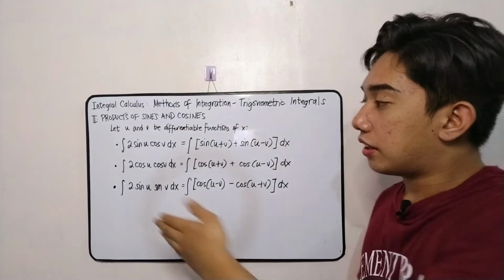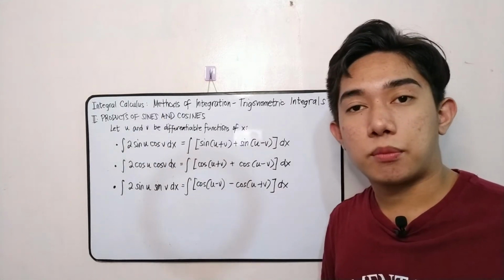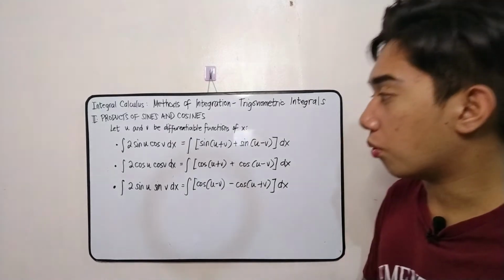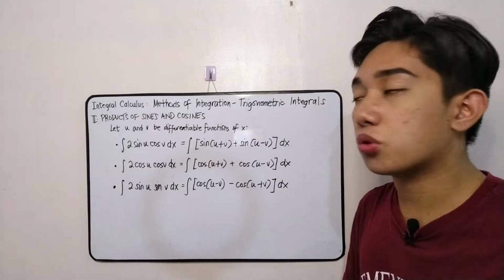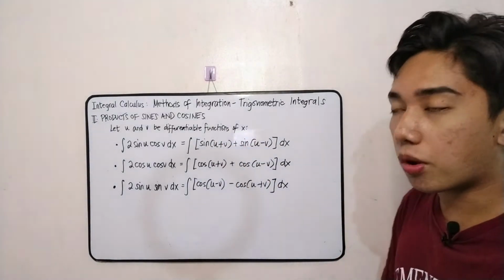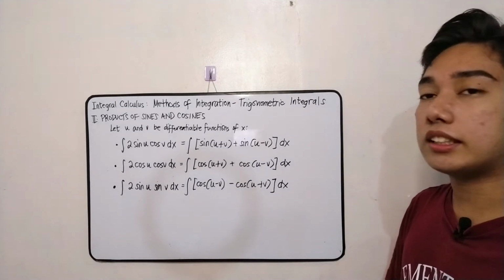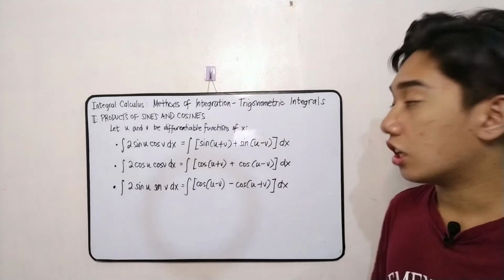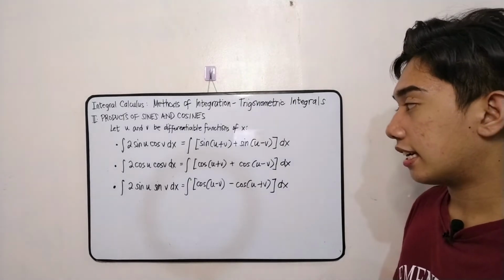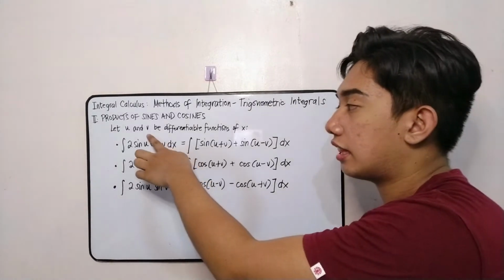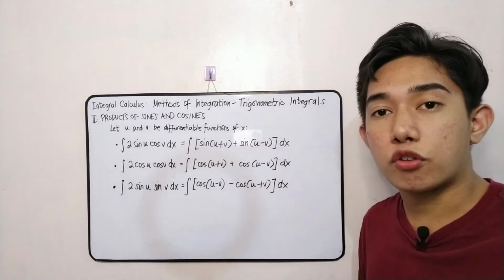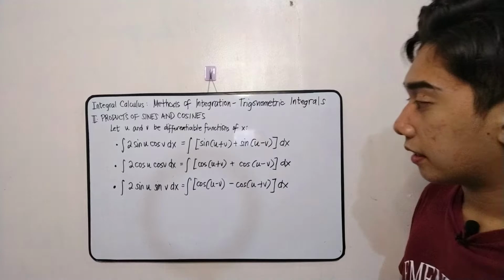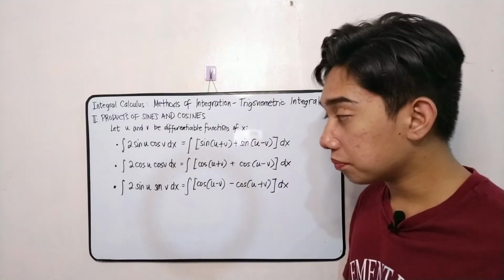These are the formulas related to the product and sum formulas of trigonometry that we can use now. The integral of 2 sine u cosine v with respect to x is equal to the integral of quantity sine of u plus v plus sine of u minus v dx. It is not necessary that this is negative and this is positive; any other form works as long as the operations and the order are correct.